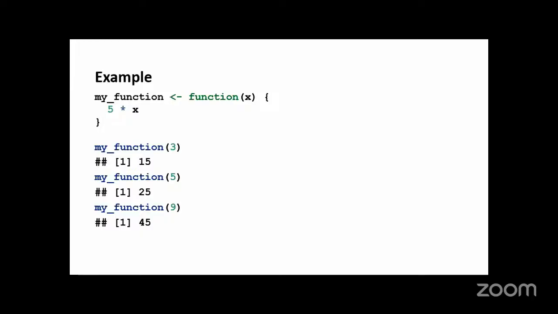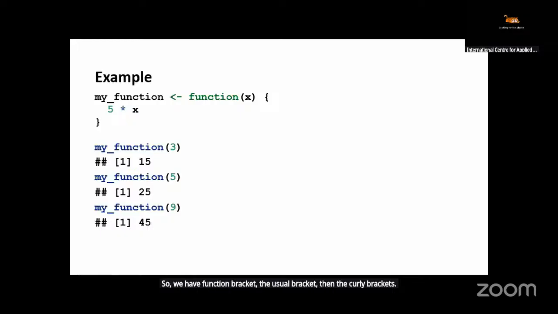Just again, there are 2 different types of brackets there. Let's be mindful of that. So we have function, bracket, the usual bracket, then the curly brackets, 5 times X, 5 asterisk X. Then you close the brackets.